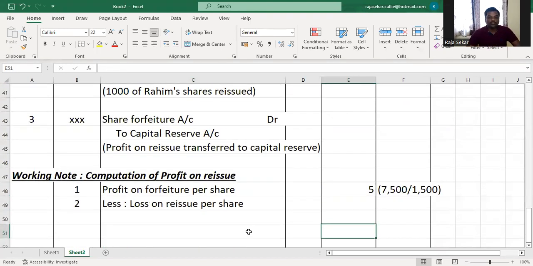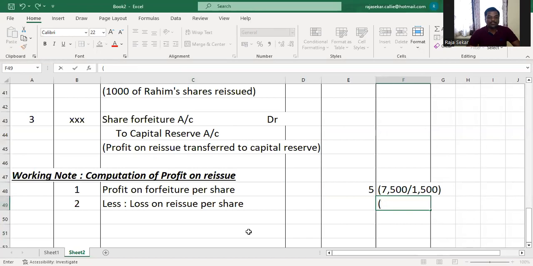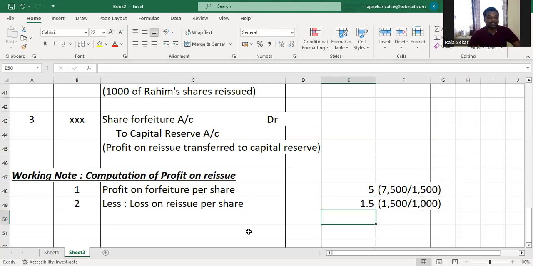Am I right? And the 1,500 loss is on the 1,000 shares that we have reissued, not the 1,500 shares that we forfeited. It's on the 1,000 shares we reissued, and therefore the loss on reissue per share will be 1,500 divided by 1,000, which is 1.5 rupees. Understood or not, my dear children?